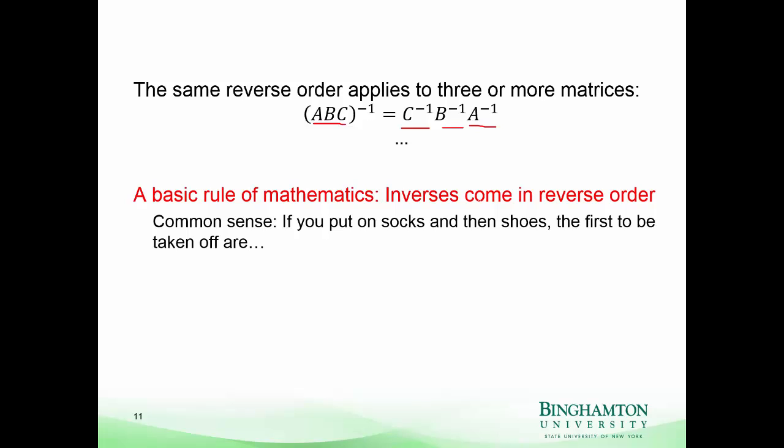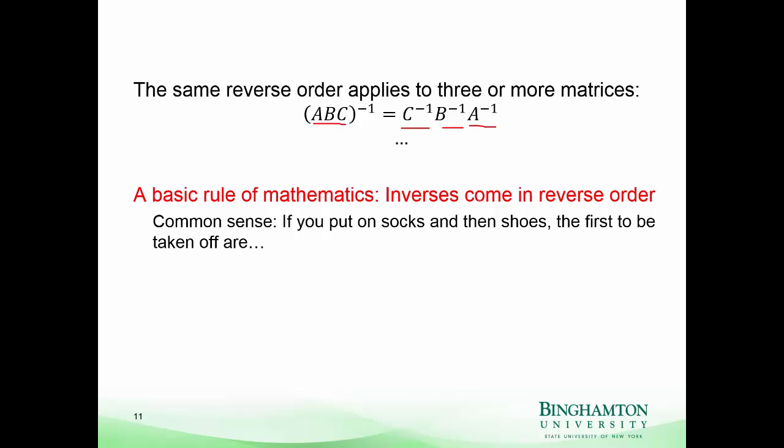So this is kind of a basic rule of mathematics that gets lost in the scalar world because multiplication is commutative in the scalar world. But in the world where commutativity doesn't hold, it's important to remember that inverses come in the reverse order that the originals come in.